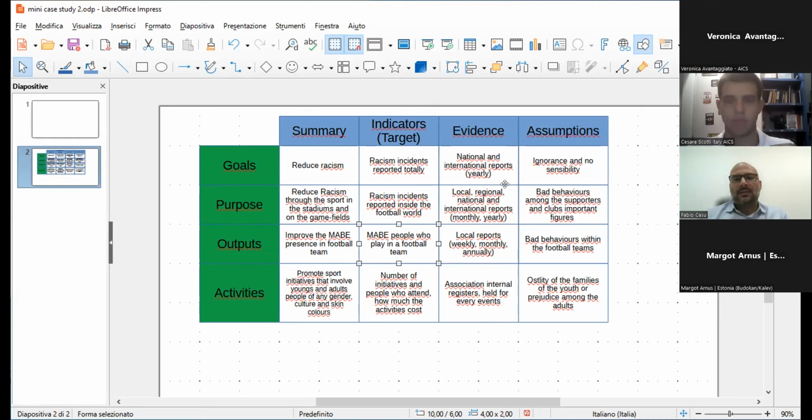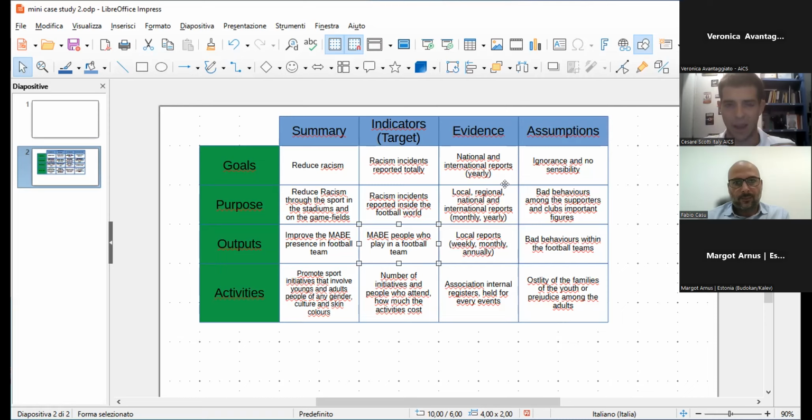Why? Because how are you going to calculate how many incidents there are in the football world? You can answer through news in the newspaper or websites or referee reports. It's all good, but you have to understand how hard and how costly it will be to calculate the indicator.